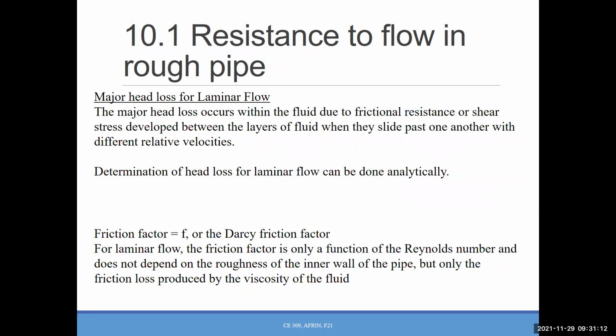Okay. Now, let's identify what the equation should be for laminar flow and turbulent flow. For laminar flow, using analytical methods, we can get the equation, and that equation is head loss for laminar flow equals f L over D times V squared over 2g.